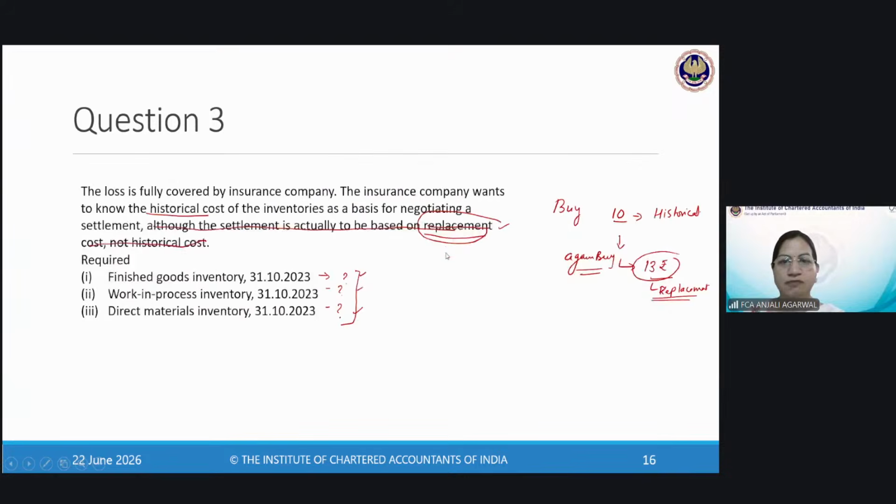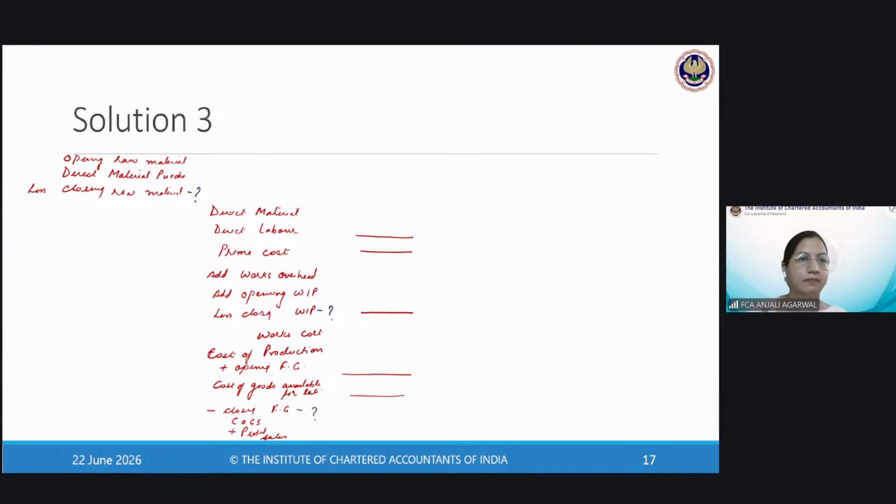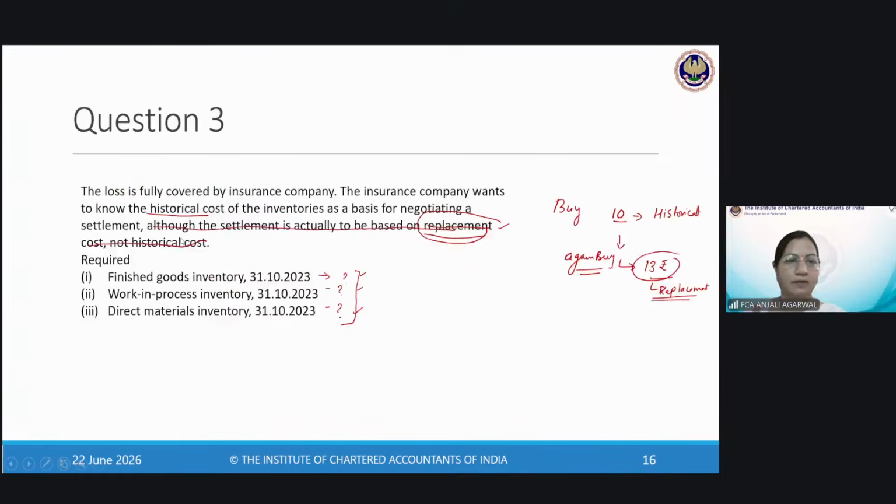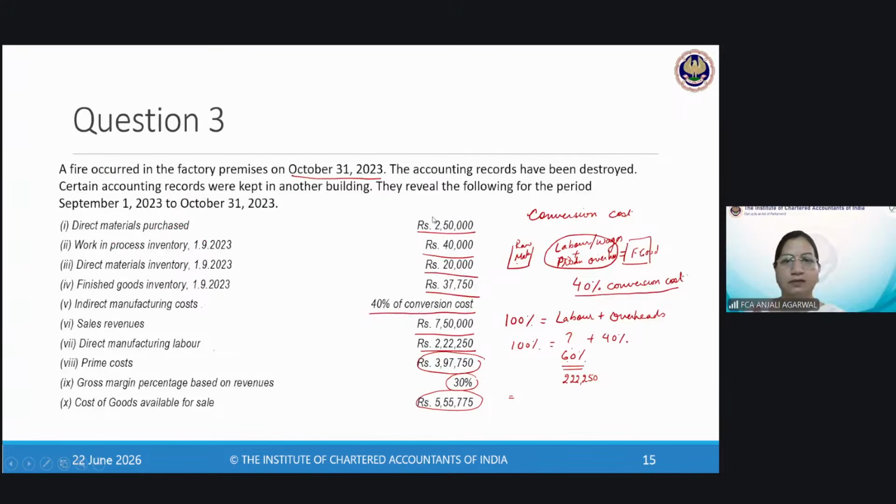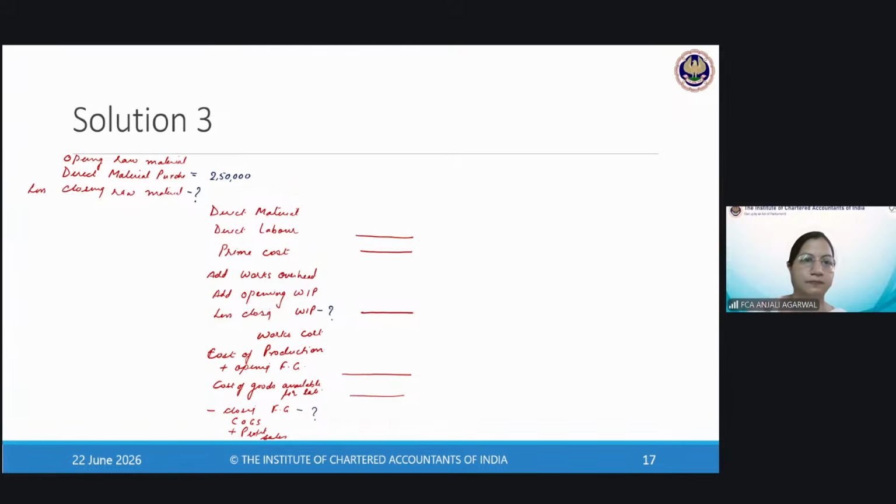Material purchase, 2,50,000. Opening raw material, we have that, 20,000. So unless we have this information, we don't have this information. So this also becomes a question mark.